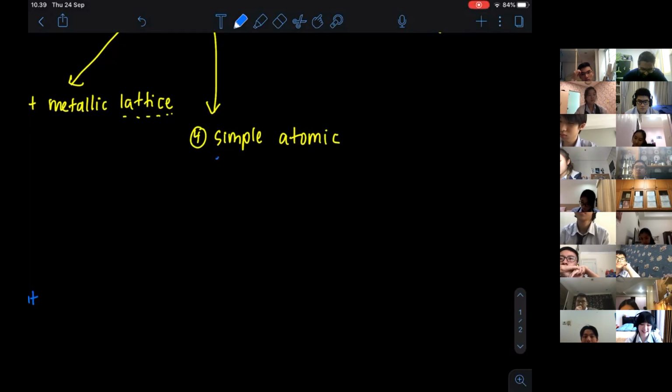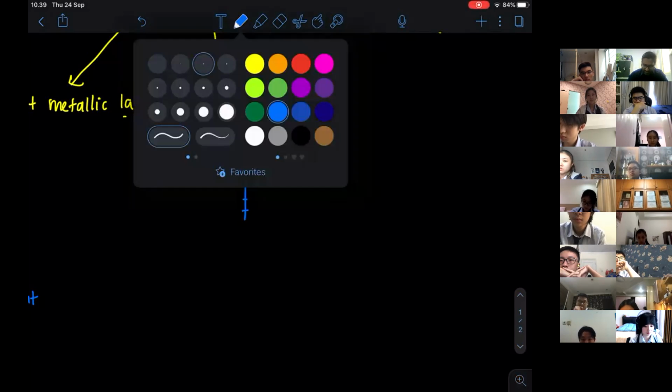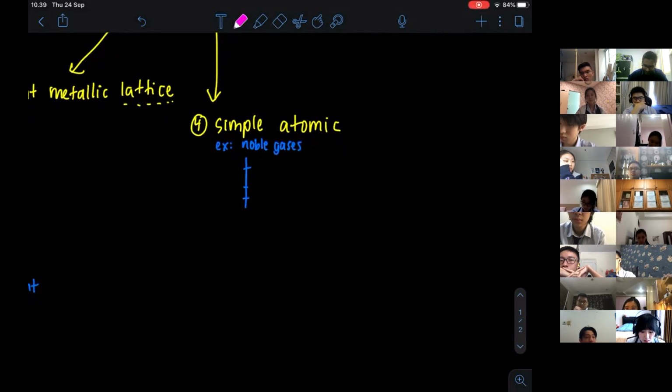Okay, noble gases, they have this simple atomic structure. Give us maybe 3 examples of noble gases. Michelle V, just give us 3 examples. Helium. Argon. Neon.